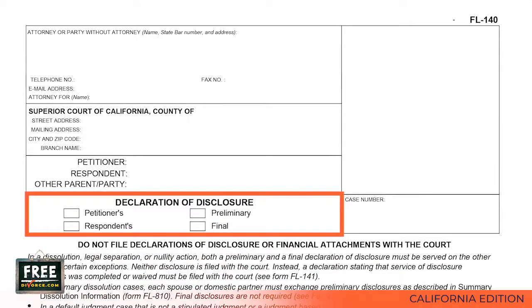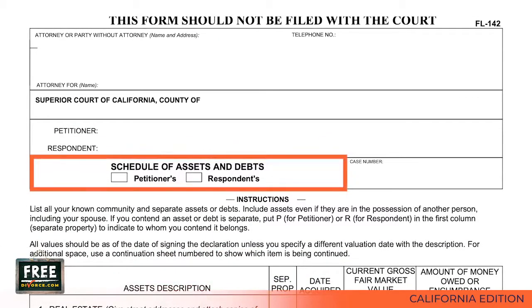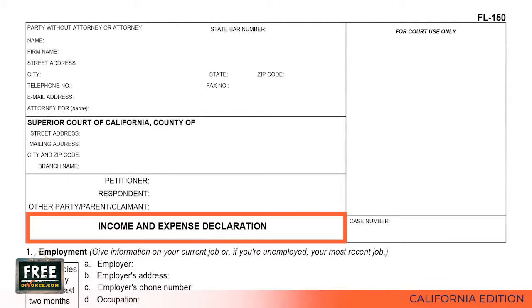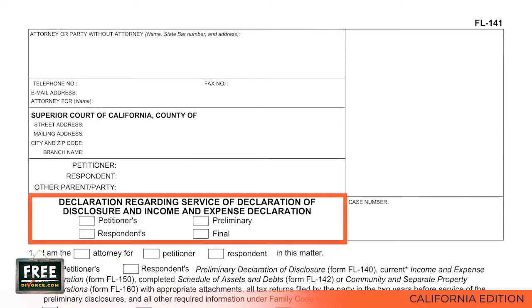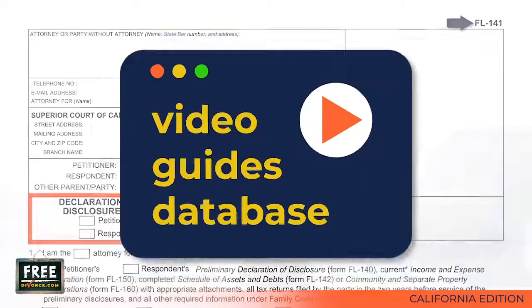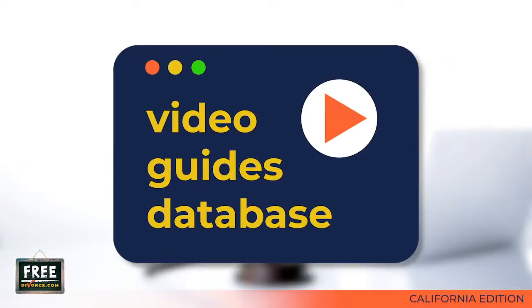Declaration of disclosure, which is FL-140. 2. Schedule of assets and debts, which is FL-142. 3. Income and expense declaration, which is FL-150. And 4. Declaration regarding service, which is FL-141. If you have not already done so, watch our earlier videos on Declaration of Disclosure so you will understand all about these forms.